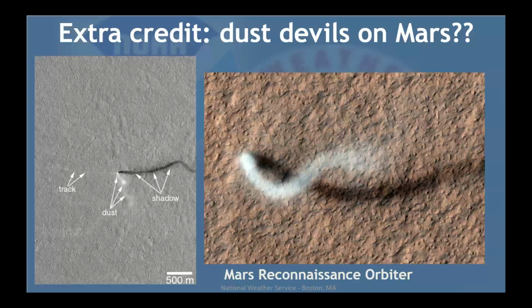All right, so a little extra credit. This is what I said: I have a little bit of personal experience with dust devils. When I was getting my master's degree at the University of Alabama in Huntsville, my master's thesis was on the dust devils on Mars.